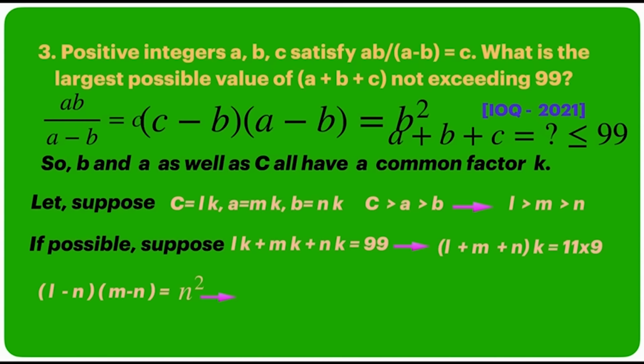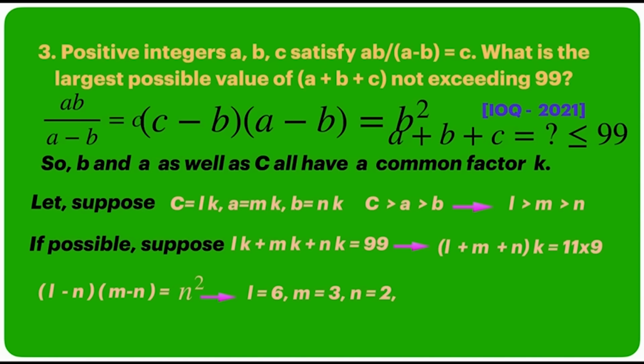By guessing we can come to the decision that it is only possible if L equals 6, m equals 3 and n equals 2. Then these three conditions, that is L greater than m greater than n, and L plus m plus n equals 11, and (L minus n) into (m minus n) equals n square, are all satisfied.